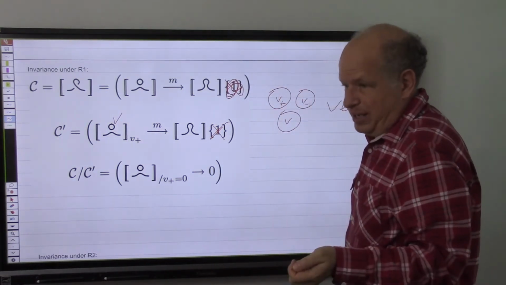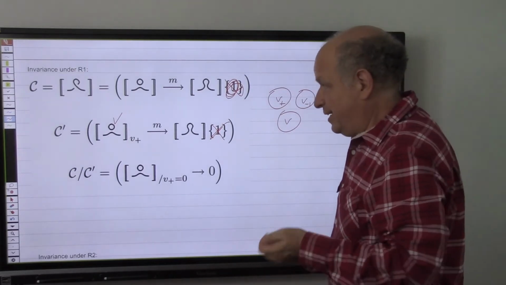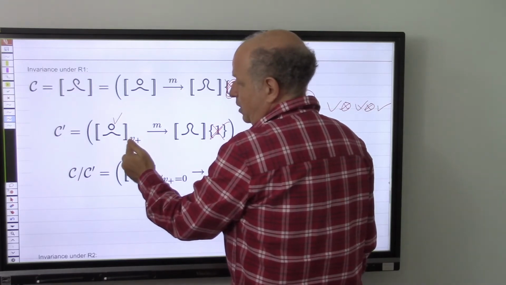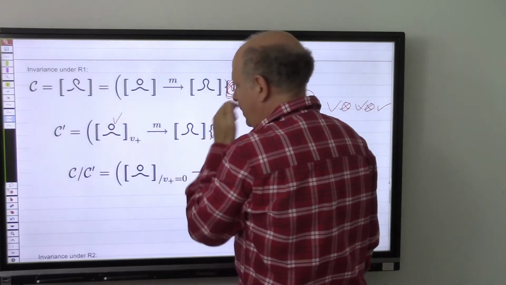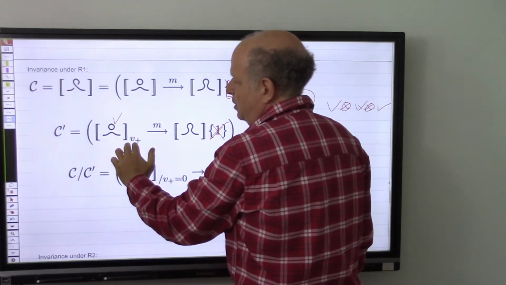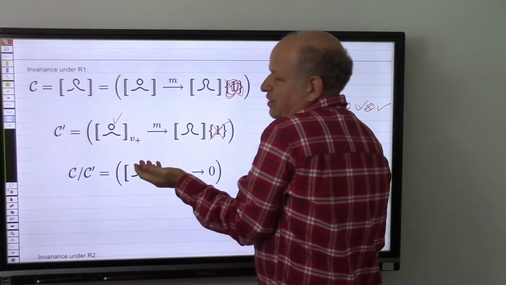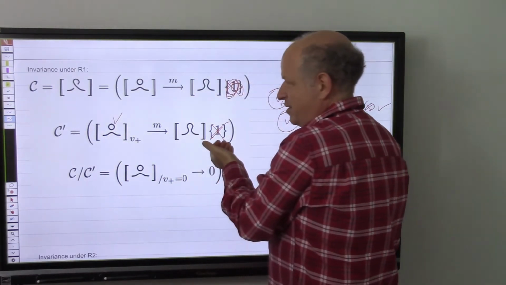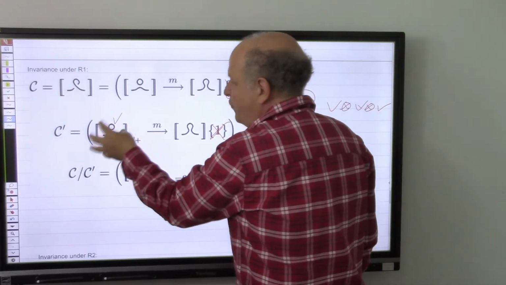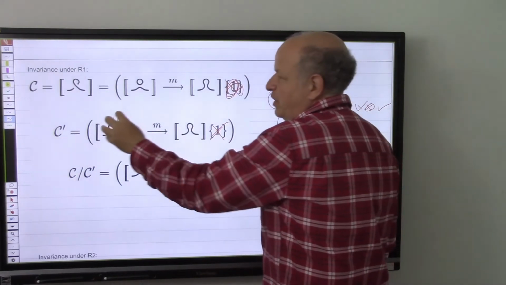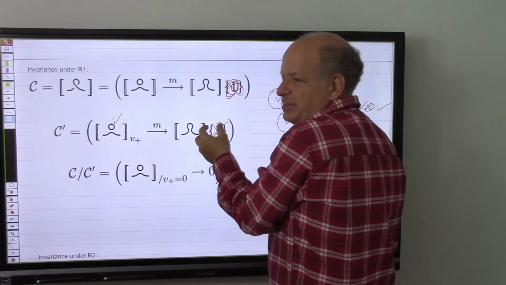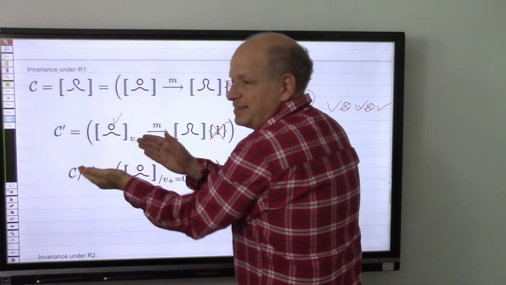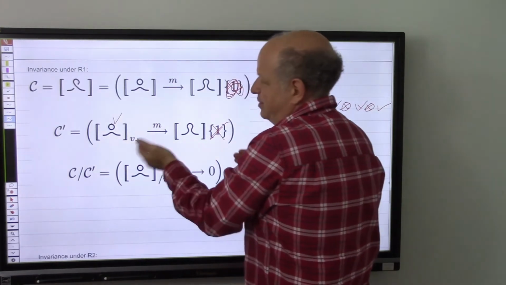It's a subcomplex, first of all, because the map M maps whatever is here to something here, and even if you look at the subspace here, it goes to a subspace here. And since I took the full thing on the right, this is still a subcomplex.